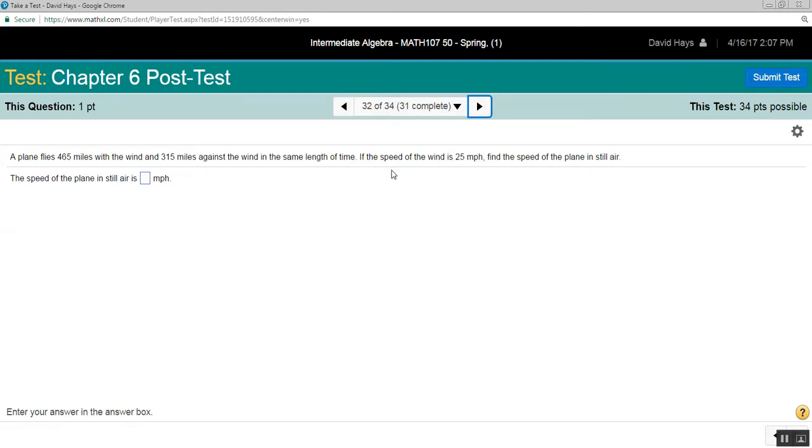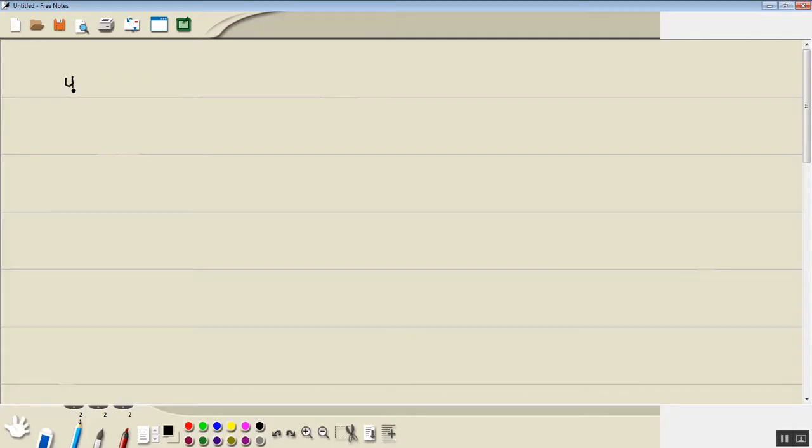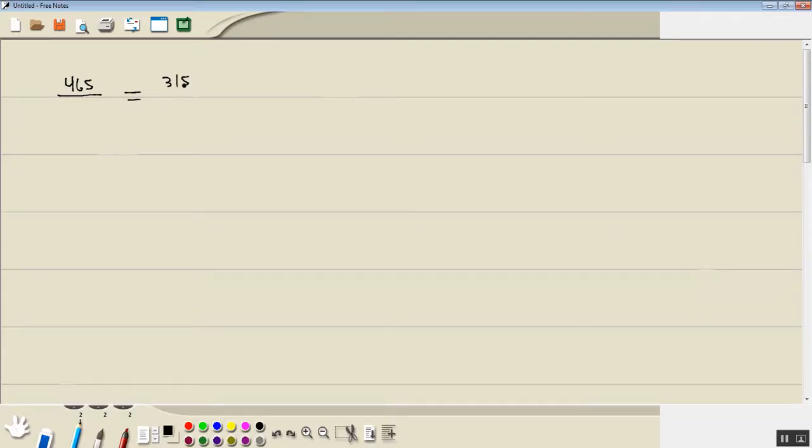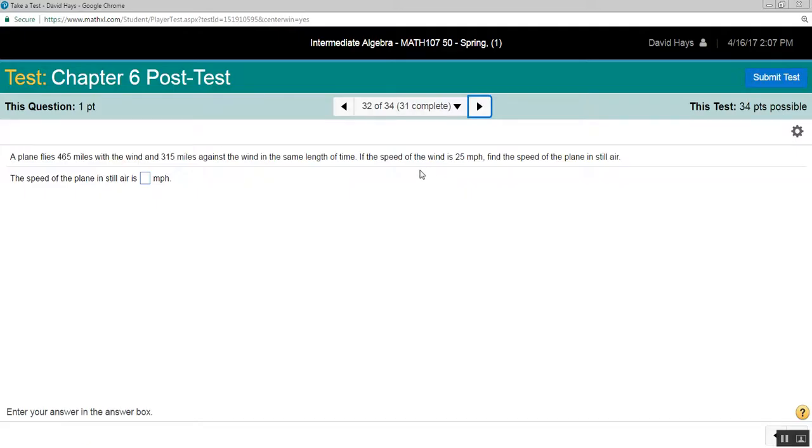Find the speed of the plane in still air. So I think that'd be 465, and I'm not sure if I'll set this up right, equals 315. Speed of the wind is 25 miles per hour.